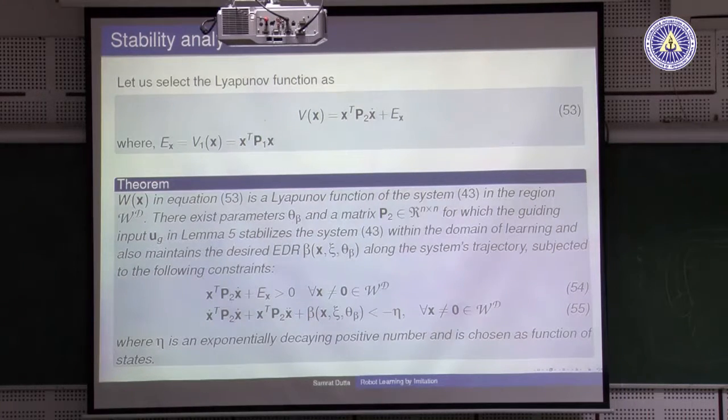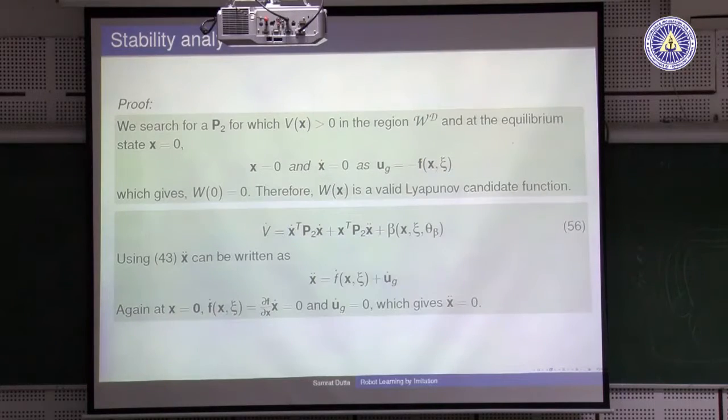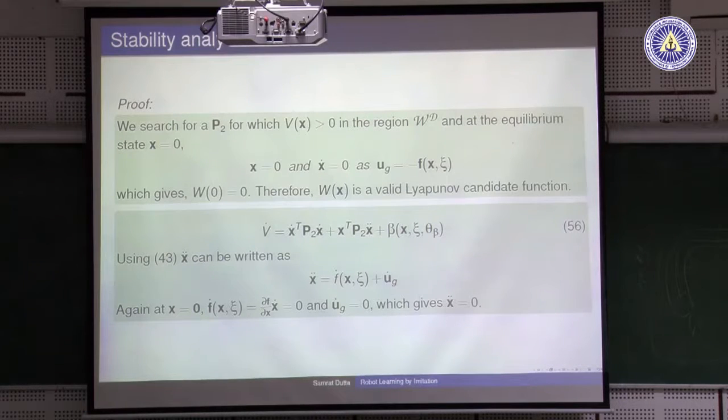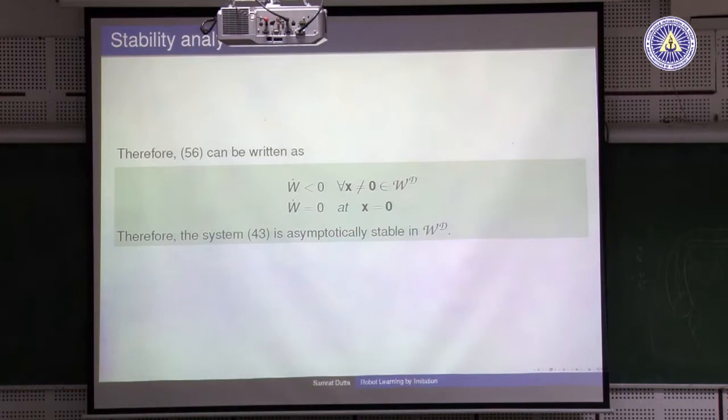Okay. So, we find P2 here, and you see that we do not have any constraint over P, right. We have this set of constraints, and we do not have a constraint on any P. We have to make sure that this term is positive for all the demonstrated data and this term is negative, where we have learned beta using a nonlinear function approximation. So, this is the proof, I will skip it again.